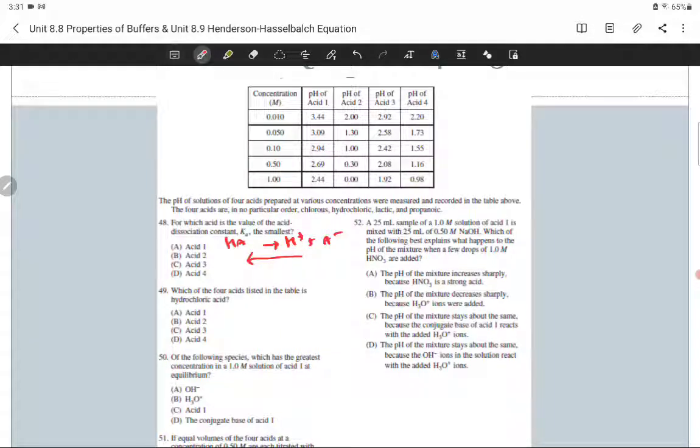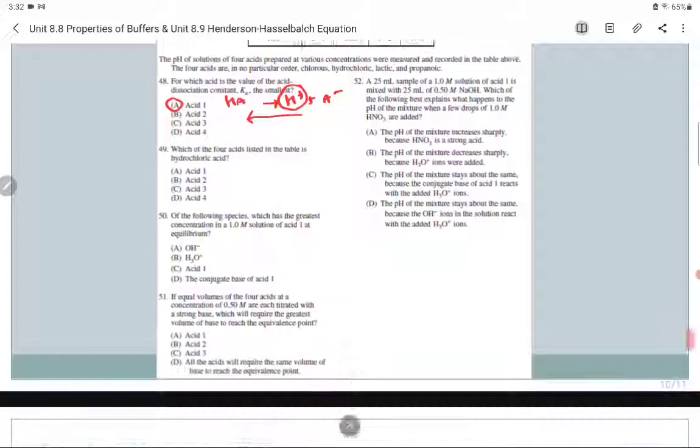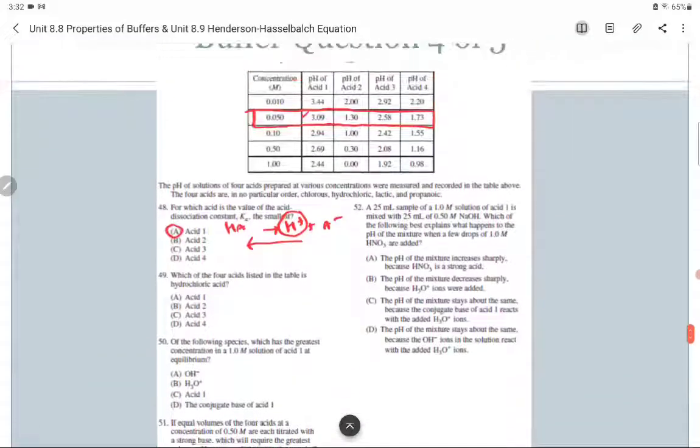So we would want the one that makes the least amount of H positive. So that's going to be the one that has the highest pH. It doesn't really matter what column we look at. Let's look at this column. Highest pH. Bingo. Let's double check. There we go.